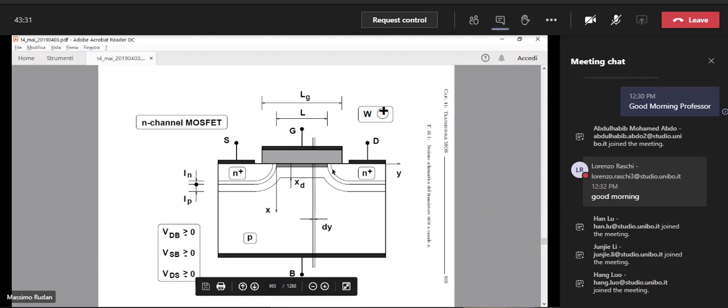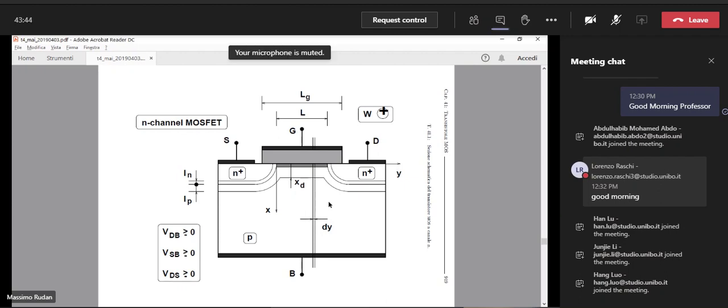The two N+ regions in the modern technology are obtained by another process that is called ion implantation, okay? But after ion implantation, it is necessary to perform a short diffusion process. So in any case, we have a diffusion following ion implantation. So we have these lateral diffusions anyhow.